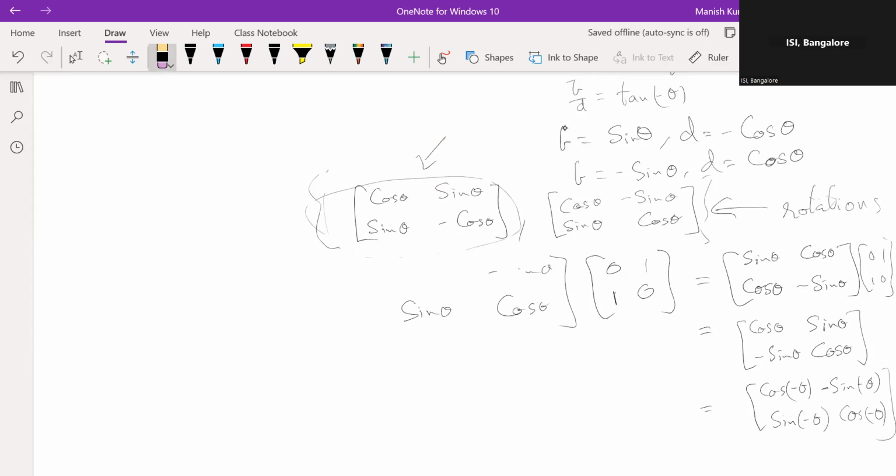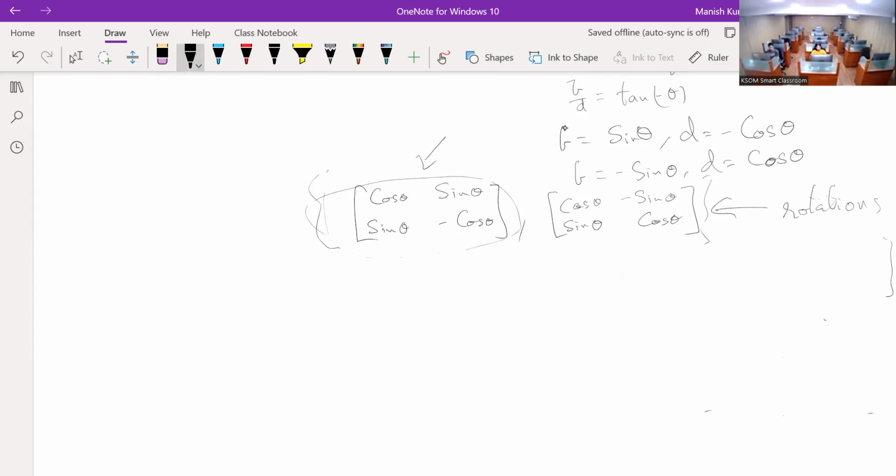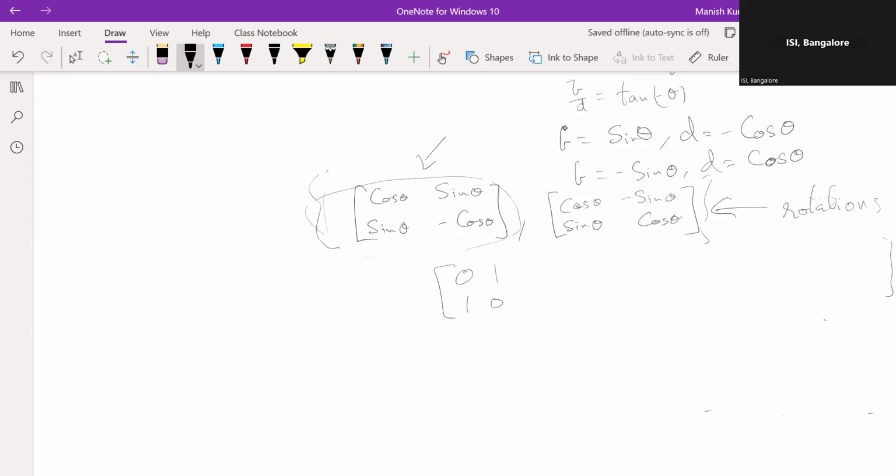The calculation is okay, but let's try to understand what this matrix 0, 1, 1, 0 is. Isn't that a reflection? So the first one is a reflection. 0, 1, 1, 0 is also a reflection, right? Yes.